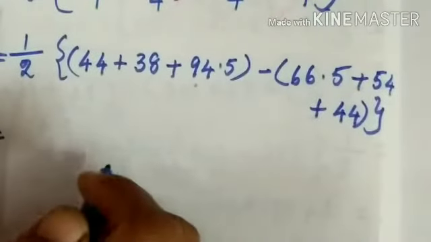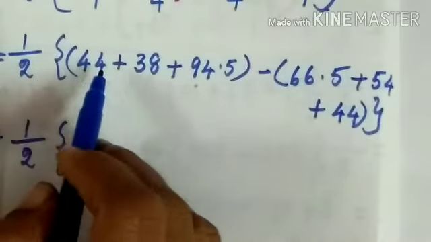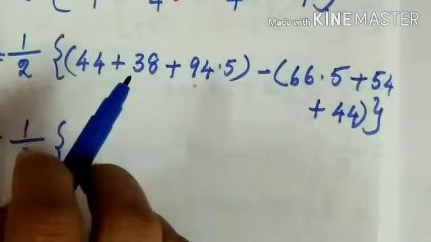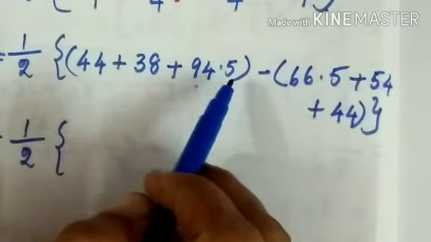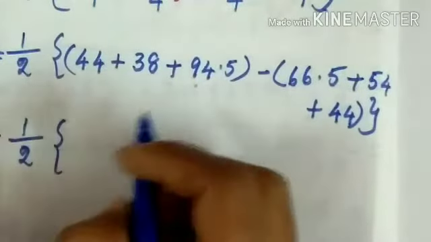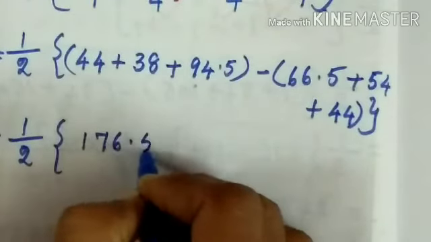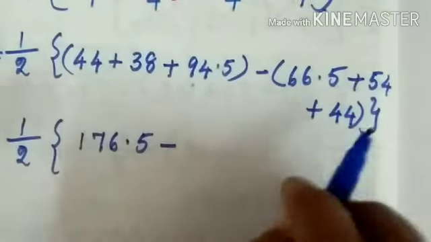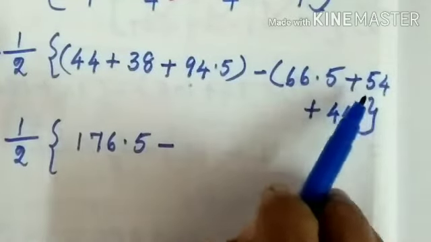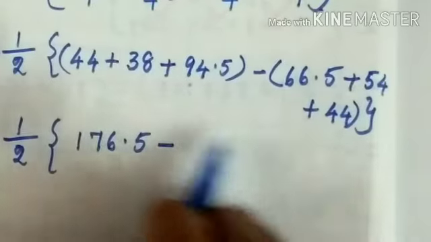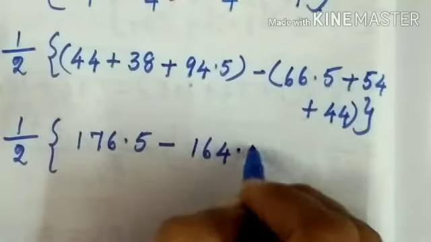Now you simplify this, means we get half into, add 44 plus 38 plus 94.5, we get 176.5, minus of, add 66.5 plus 54 plus 44, means we get 164.5.